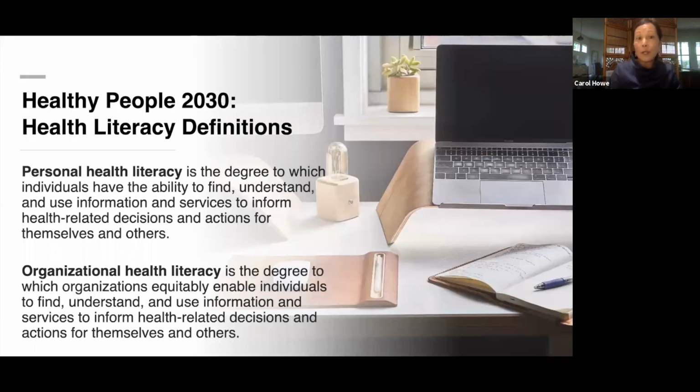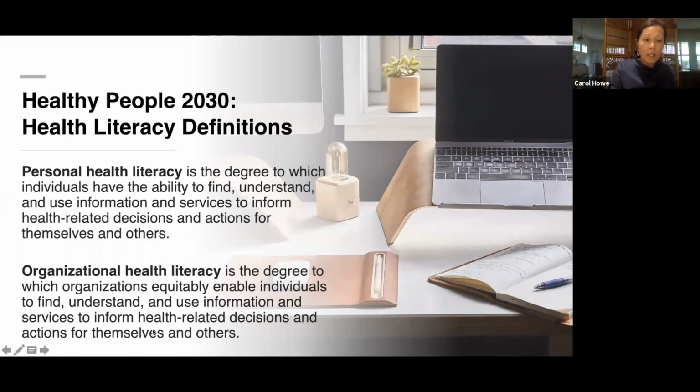So Healthy People 2030 recently came out with new definitions for us. They define it into 2 different types, personal and organizational. So personal health literacy looks like what we have seen before with a little bit more added to it. And they defined it as the degree to which individuals have the ability to find, understand, and use information and services to inform health-related decisions and actions for themselves and others.